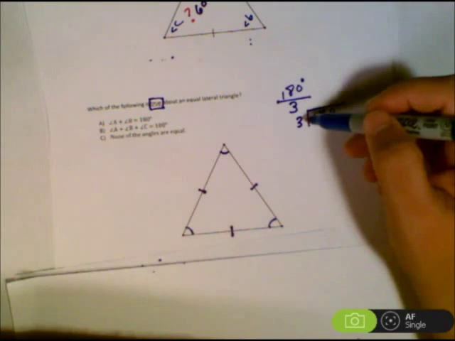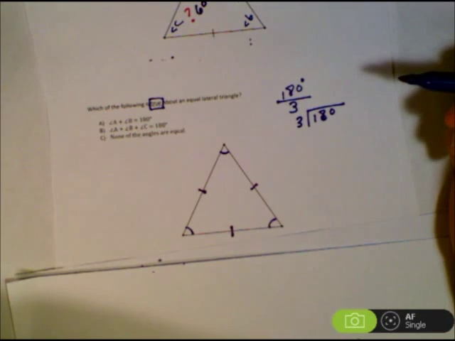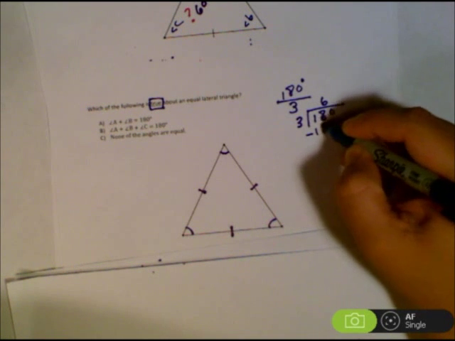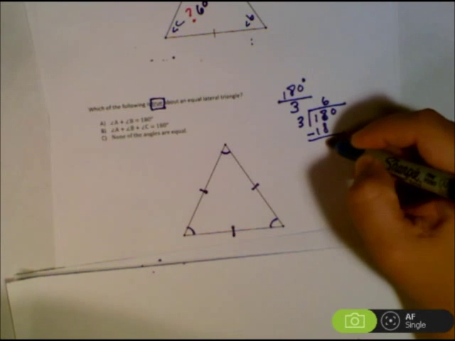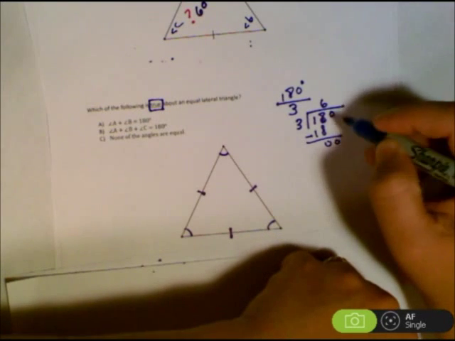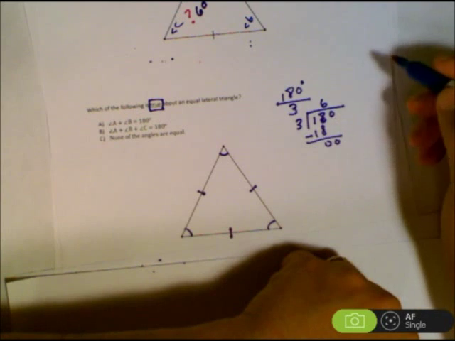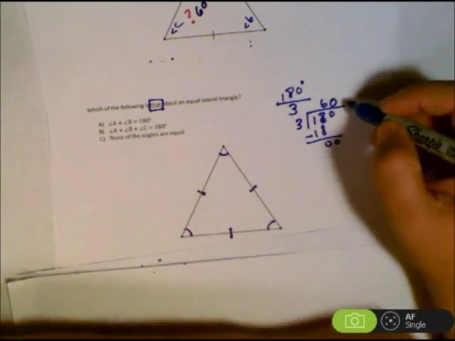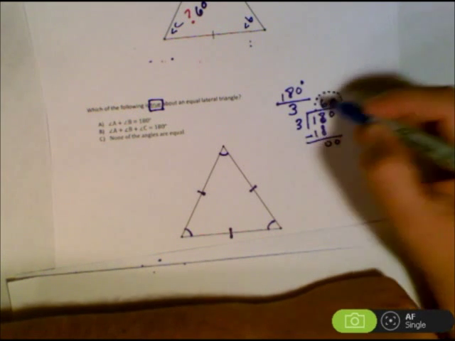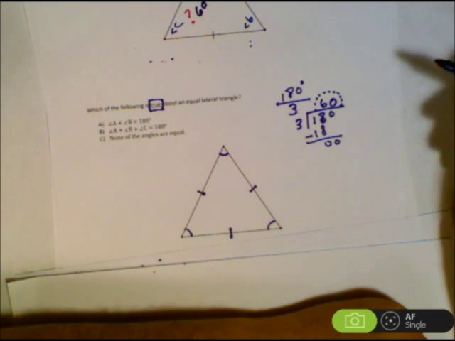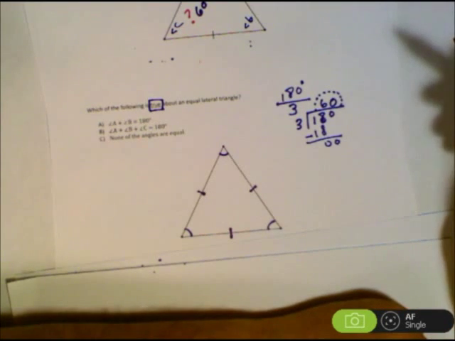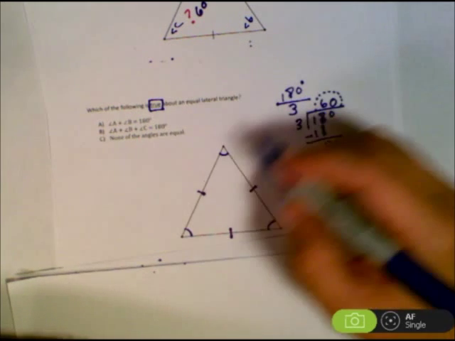How many times does 3 go into 18? 6. 18 minus 18 is 0. Bring down the 0. Can 3 go into 0? No. So our answer is 60. Each angle in the equilateral triangle is 60 degrees, just as we mentioned before.